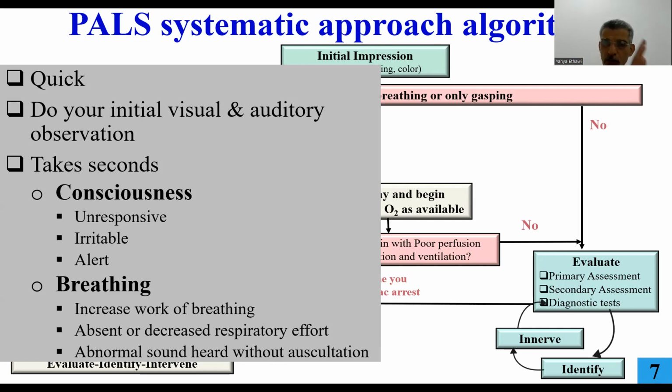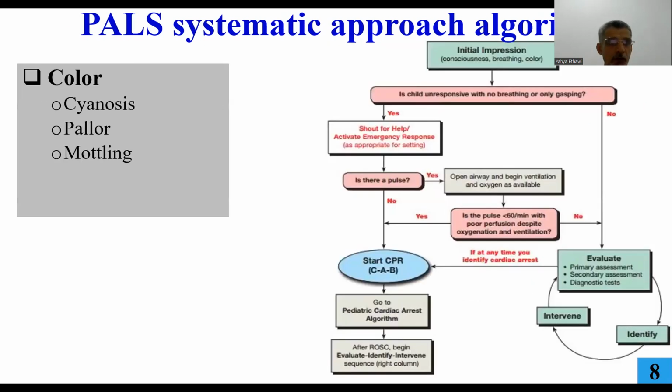For color, you just need to say three things: is it cyanosis, is it pallor, is it mottling? So that's your initial consciousness, breathing, color.